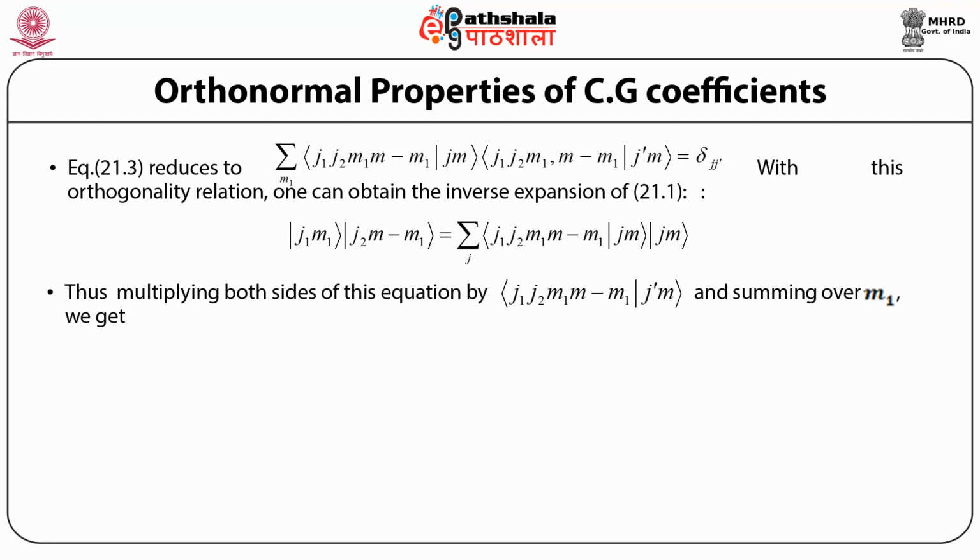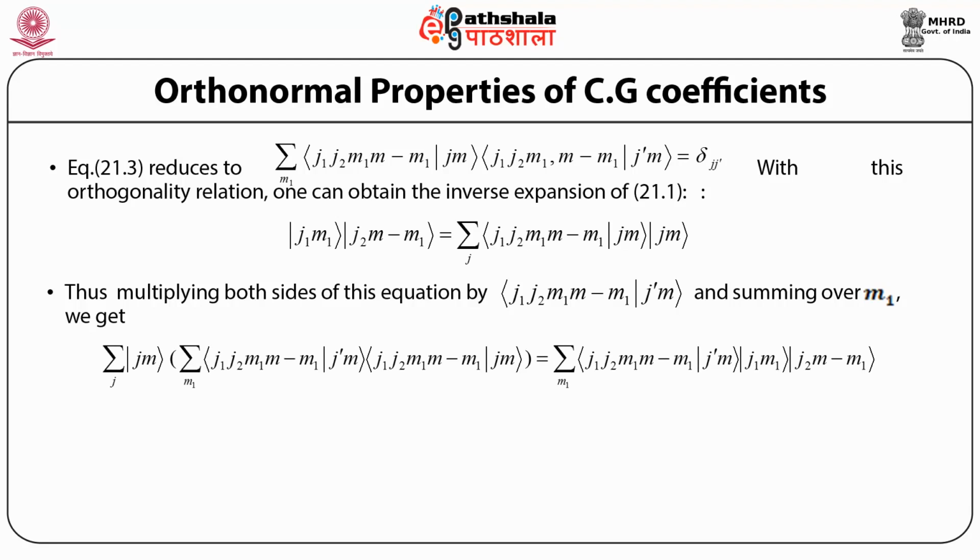Thus, multiplying both sides of this equation by ⟨j1 j2 m1, m−m1|j' m⟩ and summing over m1, we get the sum over j of the ket |j m⟩ times the sum over m1 of ⟨j1 j2 m1, m−m1|j' m⟩ ⟨j1 j2 m1, m−m1|j m⟩, which is equal to the sum over m1 of ⟨j1 j2 m1, m−m1|j' m⟩ into the ket |j1 m1, j2 m−m1⟩.